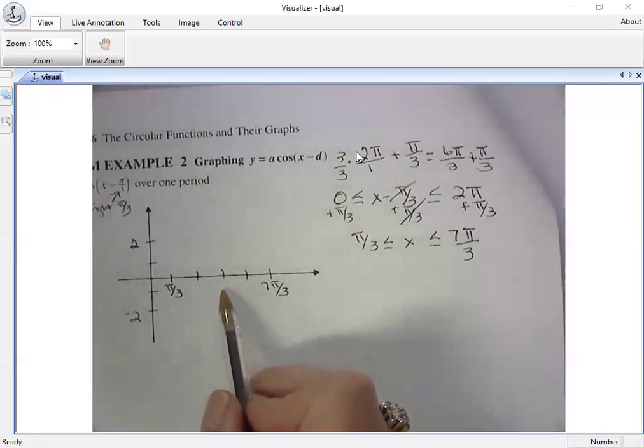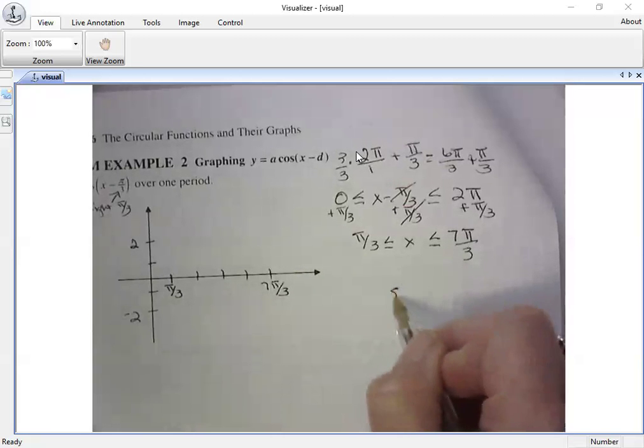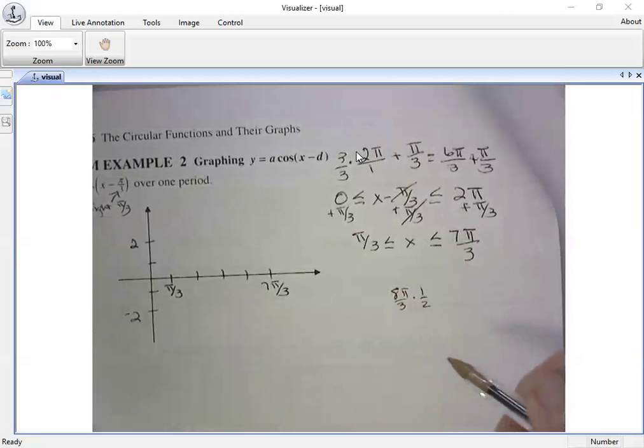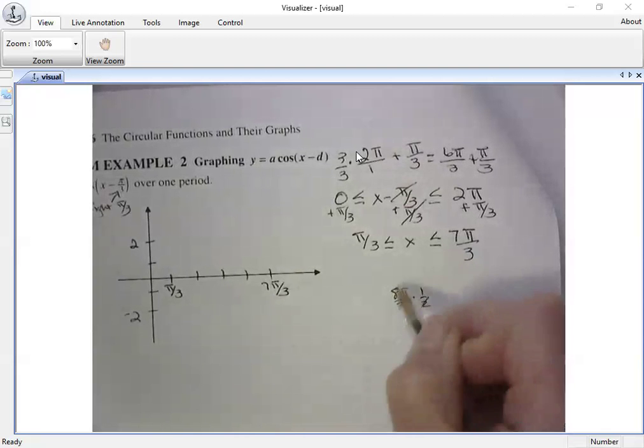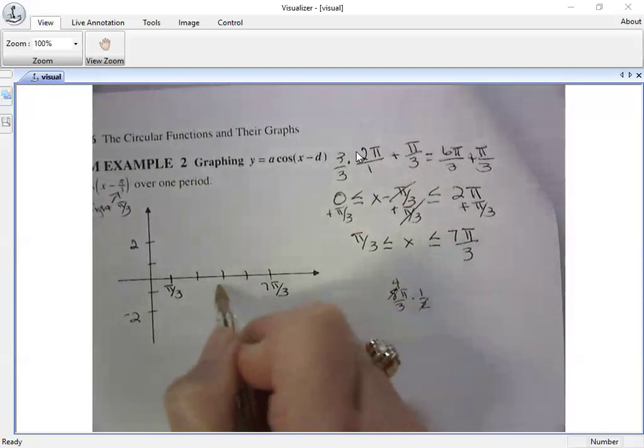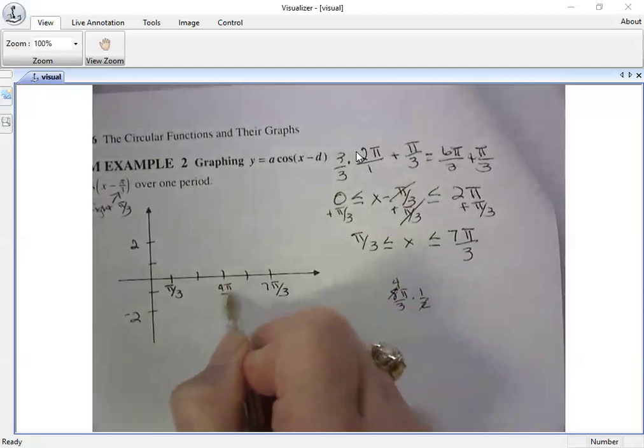So pi over 3 plus 7 pi over 3 is 8 pi over 3. What is 8 pi over 3 times 1/2? Good. 2 goes into 8 4 times. That means this is 4 pi over 3.